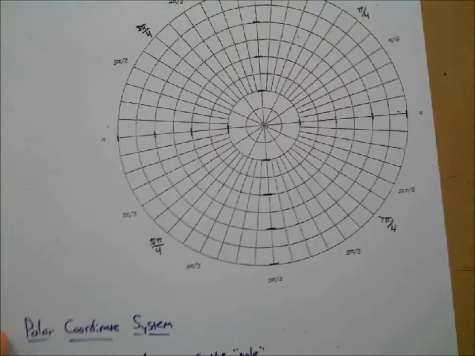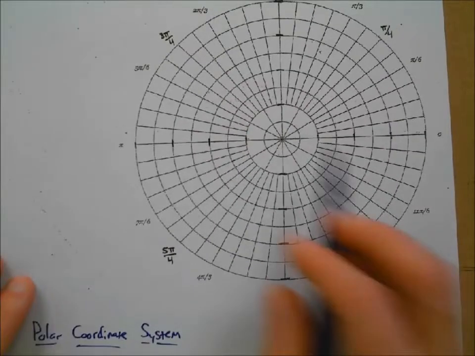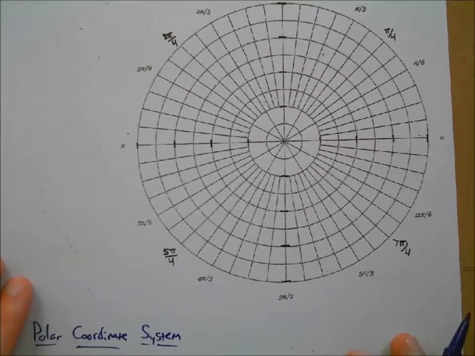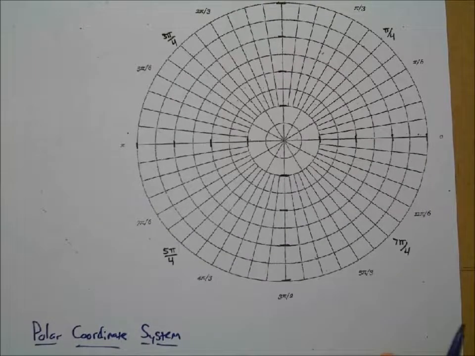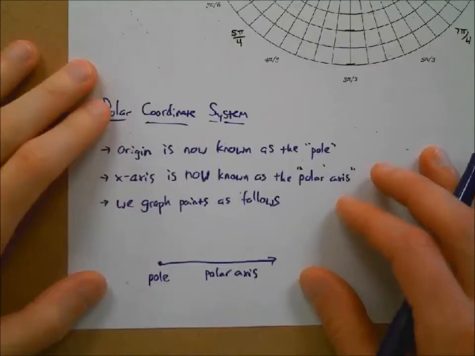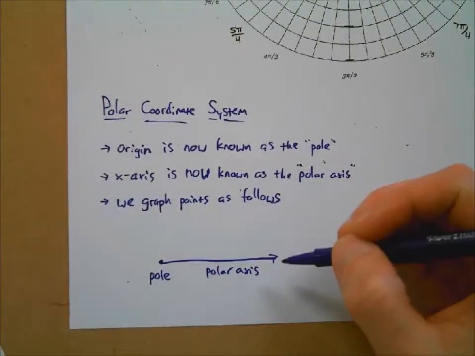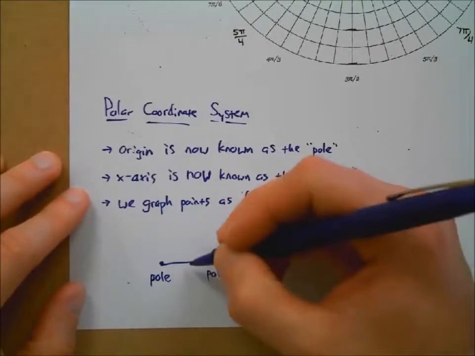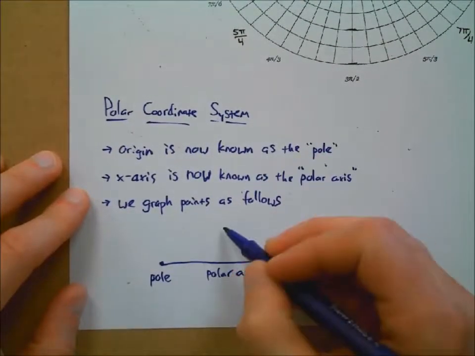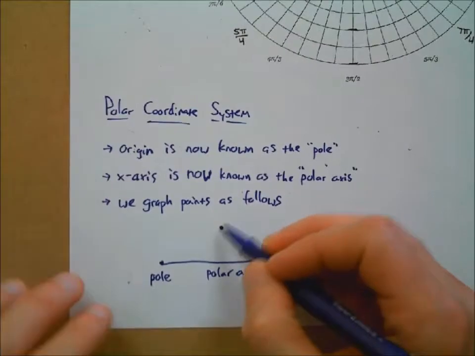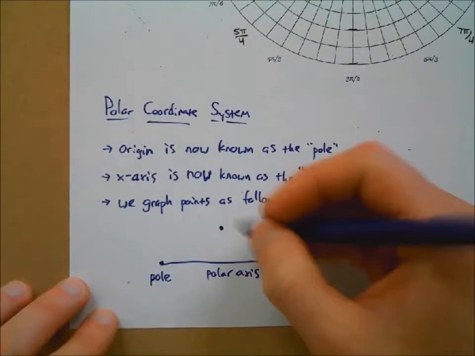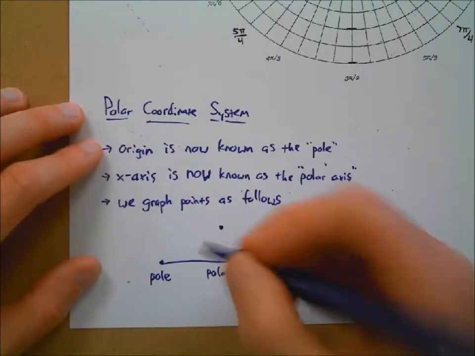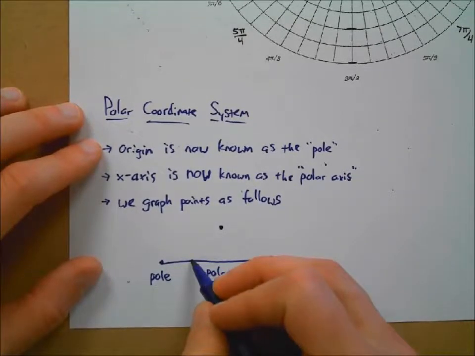Okay. So the prime meridian, I believe, is degree 0 longitude, and from that we measure other lines of longitude. And so the polar axis is like our prime meridian, and we measure from it certain angles theta. So let's say we've got a point right here, not on the polar axis. To locate it, we will rotate a certain angle, theta.